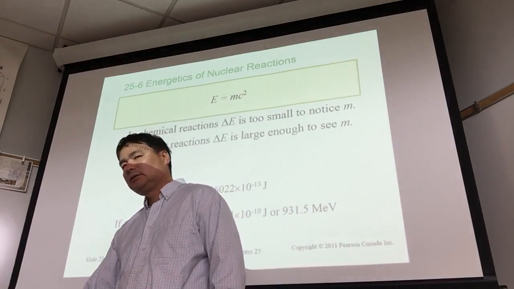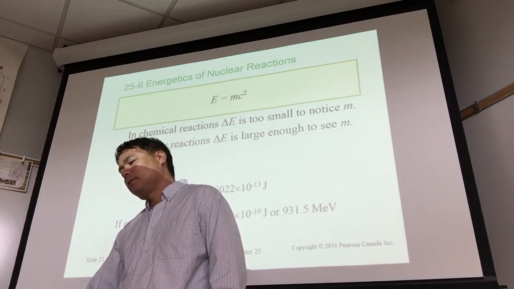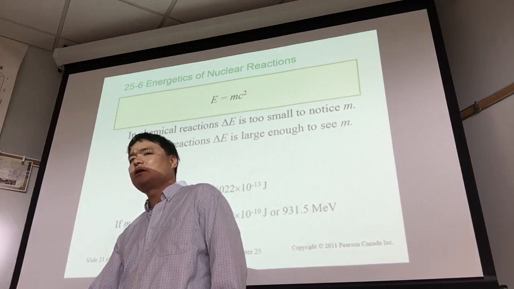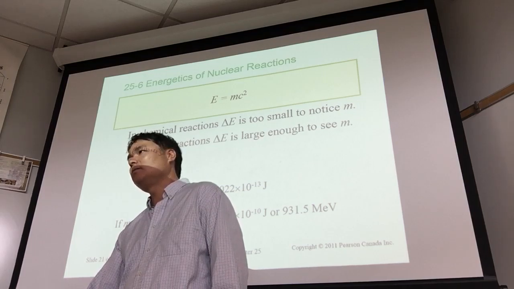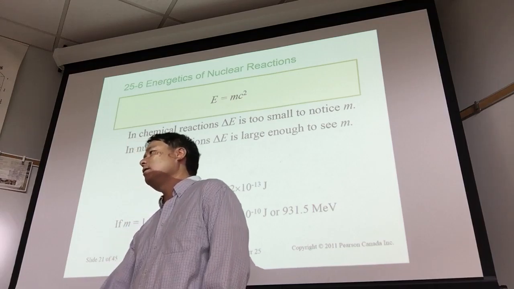It's 10 to the negative 10, right? But how is that huge? It's because nuclear physicists like to do it per nuclide, whereas chemists like to do it per mole.